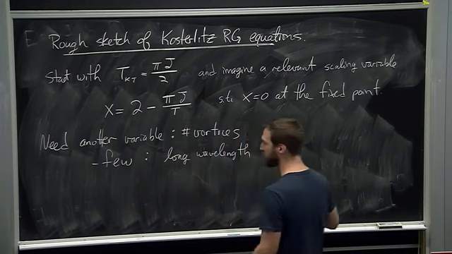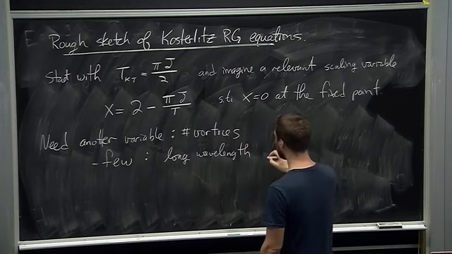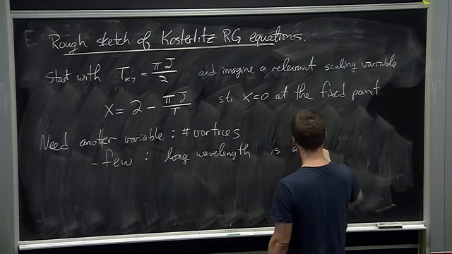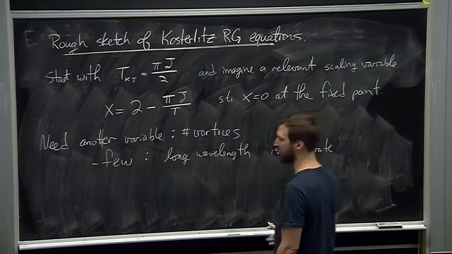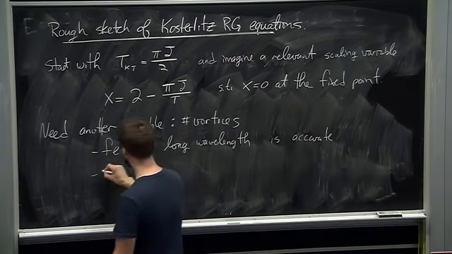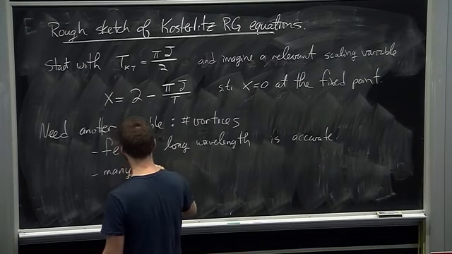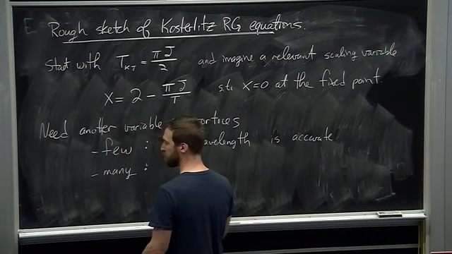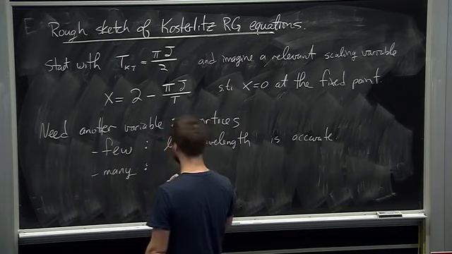So Mermin-Wagner, spin waves. Whatever. And if there's many, then the vortices destroy all that long wavelength spin physics.